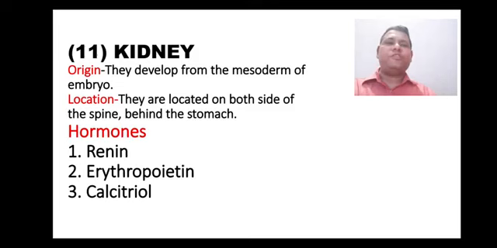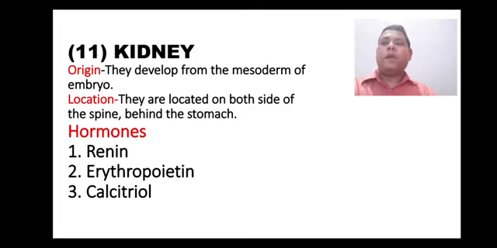Erythropoietin: oxygen shortage stimulates the kidney cells to secrete a hormone named erythropoietin. Erythropoietin stimulates the bone marrow to increase the production of RBCs, red blood corpuscles.